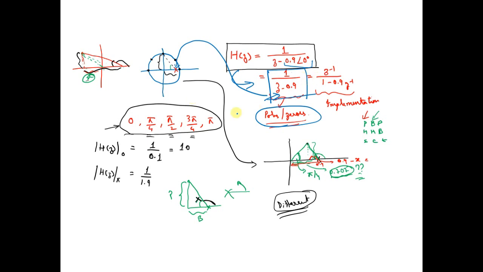Also before going into the details, let us manipulate this equation, 1 by z minus 0.9, into an equation where we can implement the filter, because during the implementation we have seen we only have three operators.